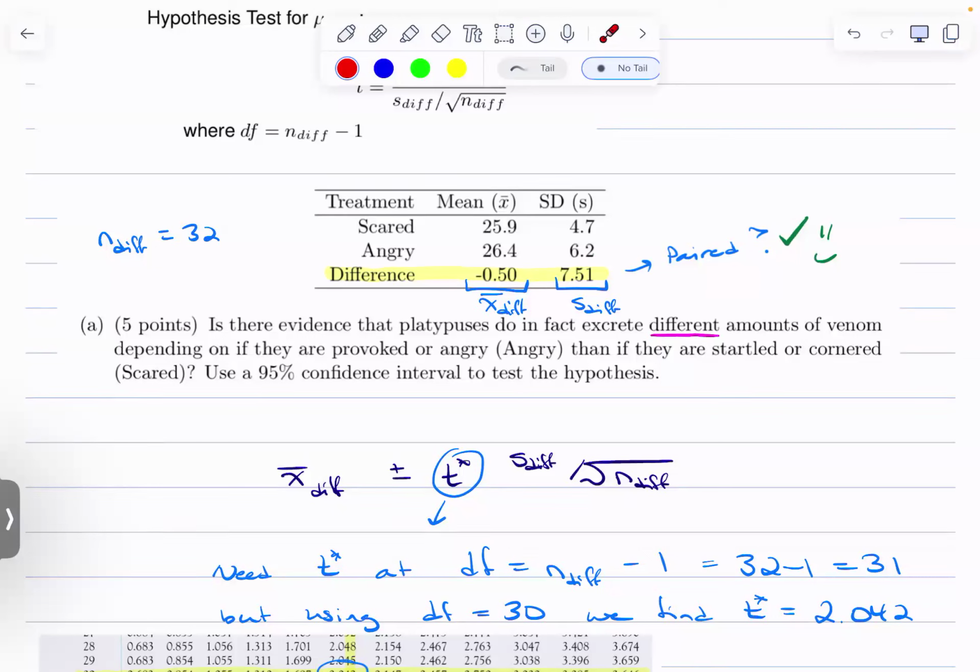The mean difference in amount of venom excreted, I guess is the word I'm looking for.